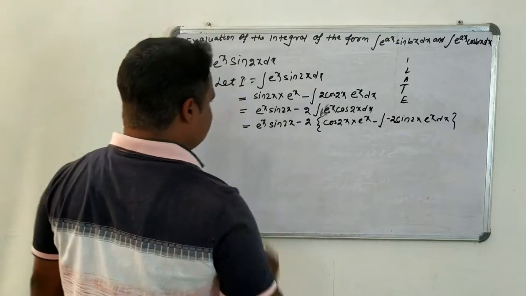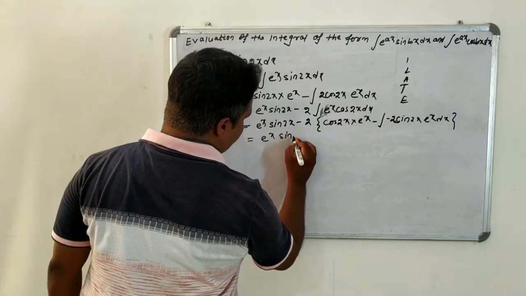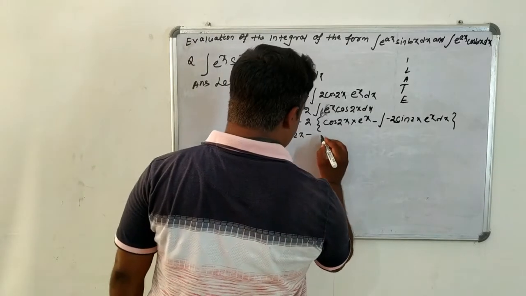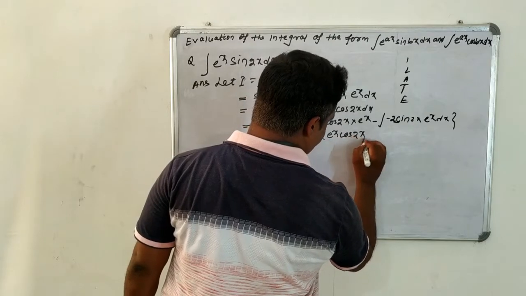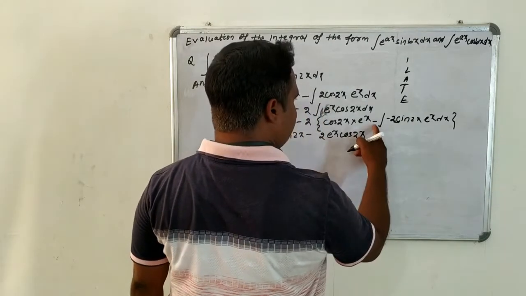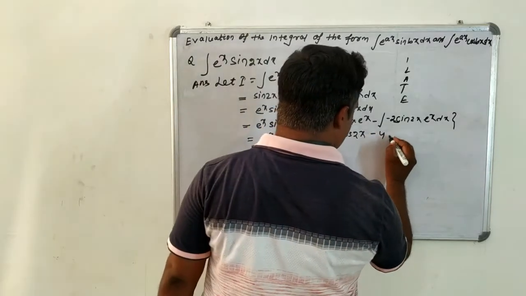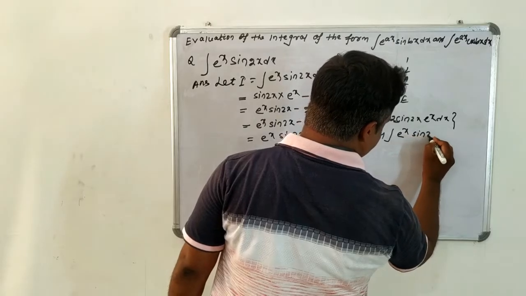Okay. Now this value equals e^x sin 2x minus 2 e^x cos 2x, minus, then minus, so the value is plus 4 times the integral of e^x sin 2x dx.